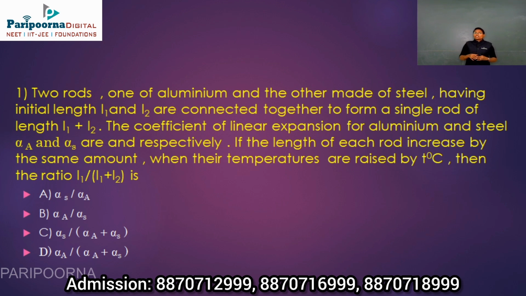The coefficients of linear expansion of aluminium and steel are alpha A and alpha S. Alpha A is the linear expansion coefficient of aluminium and alpha S is that of steel. And if the length of each rod increases by the same amount when their temperature is raised by T degree Celsius, then the ratio L1 divided by L1 plus L2 will be.